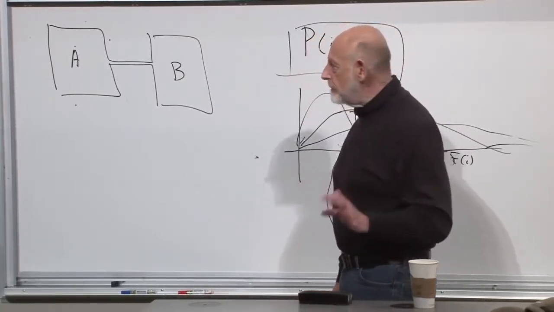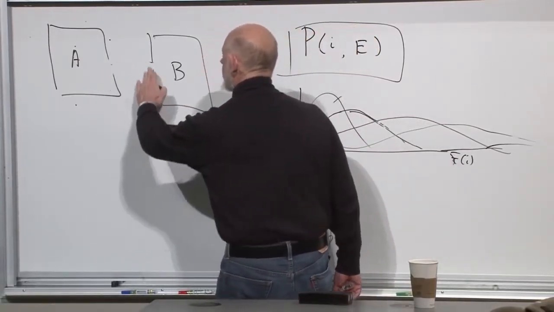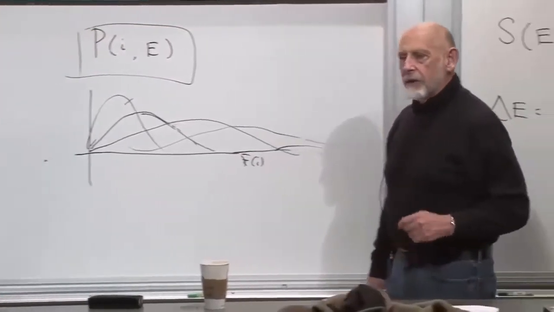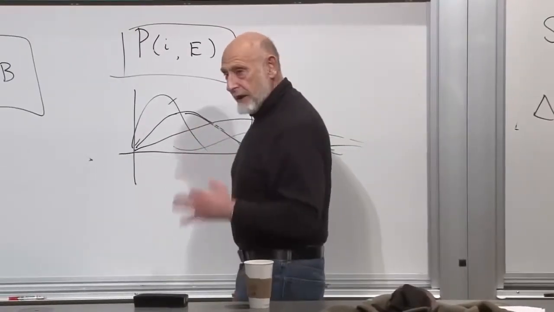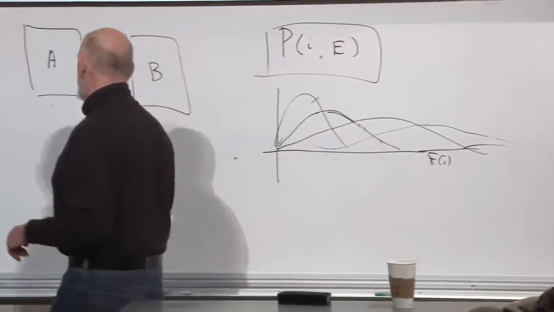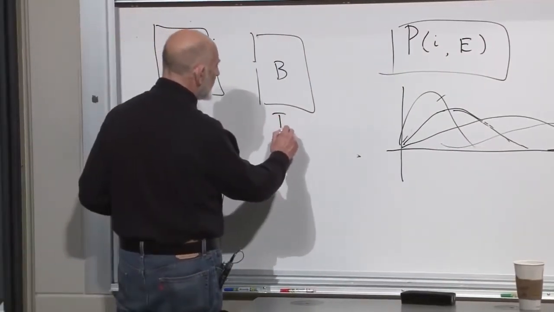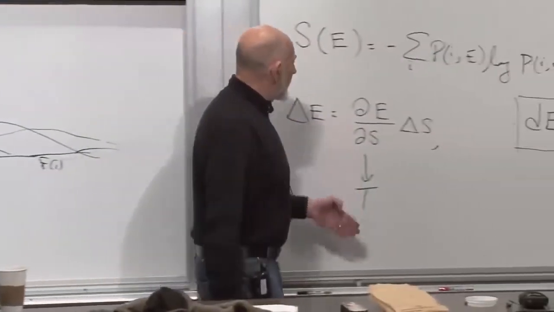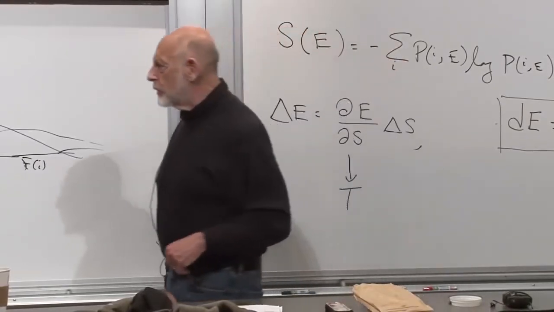Now let's start them out not being in contact. They're each in equilibrium, but at a different temperature, let's call them TA and TB. We know what temperature means: temperature is the rate of change of energy with respect to entropy, an abstract definition to be sure.